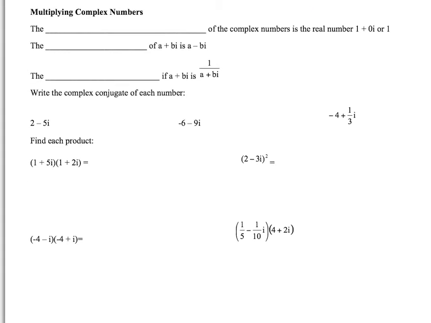When we multiply complex numbers, we have the following terms. The blank of a complex number is the real number 1 plus 0i, or 1. That's the multiplicative identity, meaning if you multiply by that, you're going to get the same thing back. So multiplicative identity. The blank of a plus bi is a minus bi.